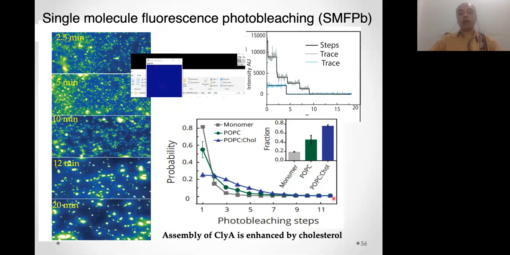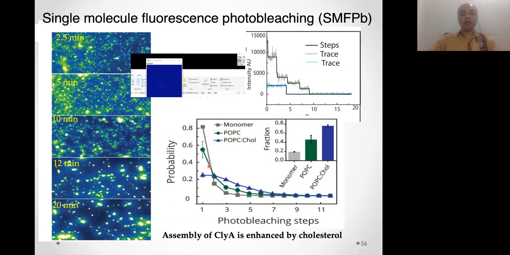I told you that I can observe as many as 12 photobleaching steps because there is a 12-mer. Of course, the fraction of 12 photobleaching steps is extremely small, though non-zero. And that's because not all the molecules are labeled. If I take the monomer, that shows mostly single photobleaching steps. If you take POPC, which is a particular lipid, it will give you some assembly.